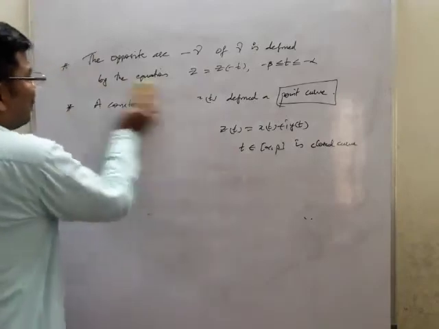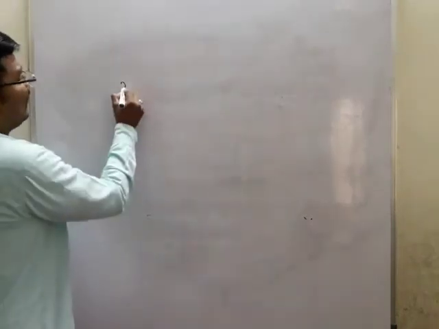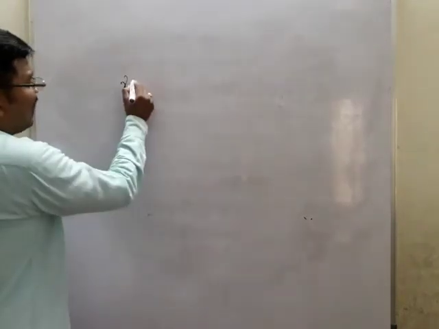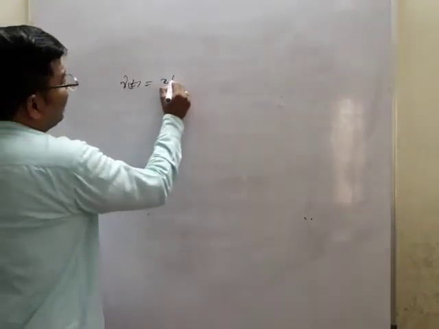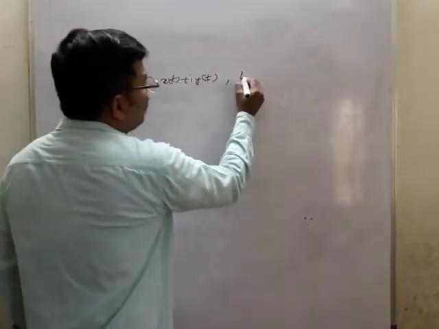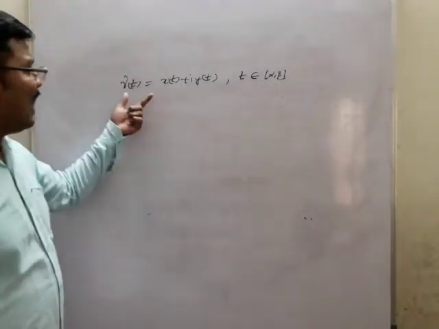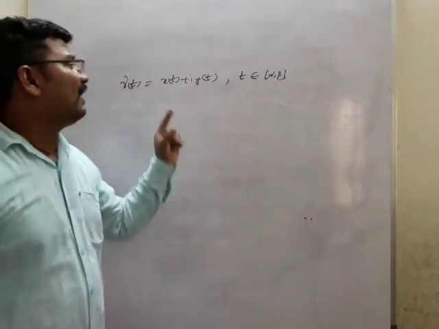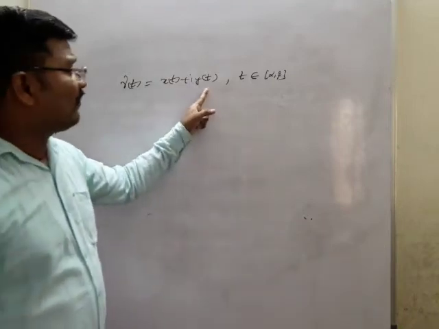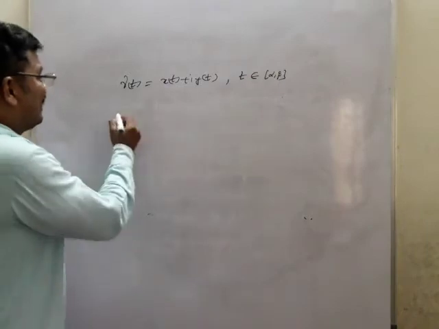These are arc properties. Once again, an arc is defined as gamma, that is, gamma of t is nothing but equal to x of t plus i y of t, where t belongs to alpha, beta. Then x of t and y of t are continuous real functions defined on alpha, beta.